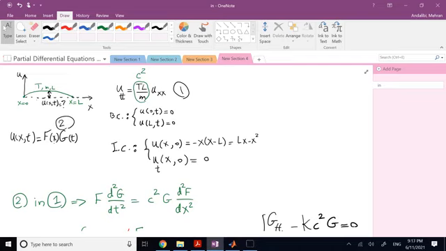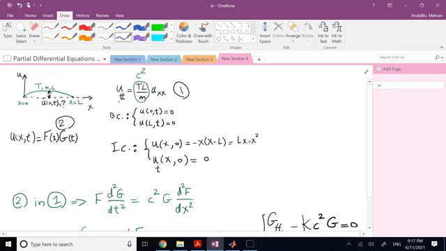Good. Also, your initial and boundary conditions, you have to apply this separation to them to see what they give you. So another thing you need to do is, if I call these equations, let's say 3 and 4, I want us to apply 2 to 3 and 2 to 4, see what you get.